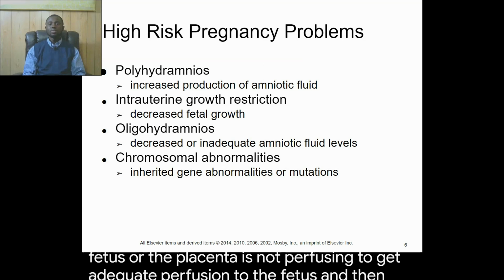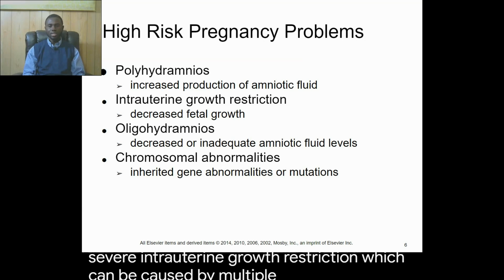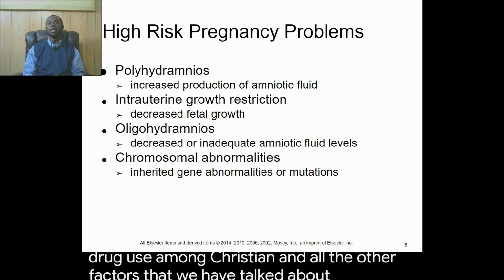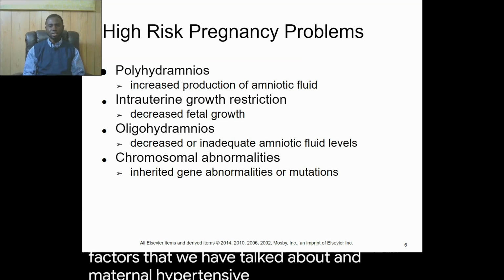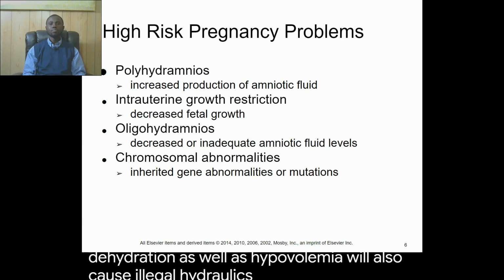And then severe intrauterine growth restriction, which can be caused by multiple factors such as drug use, malnutrition, and all the other factors that we have talked about. And maternal hypertensive disorders. Maternal dehydration as well as hypovolemia will also cause oligohydramnios.